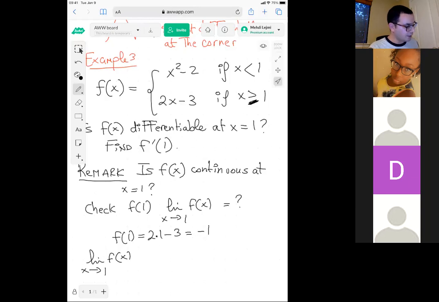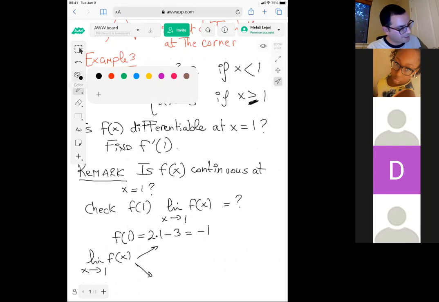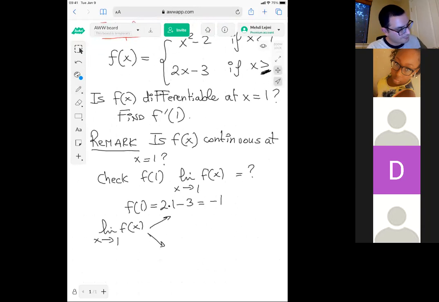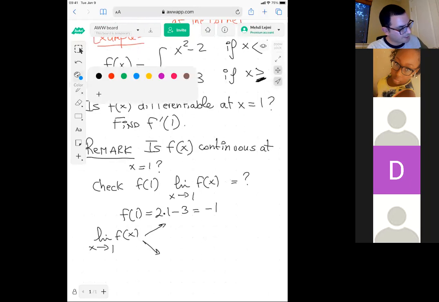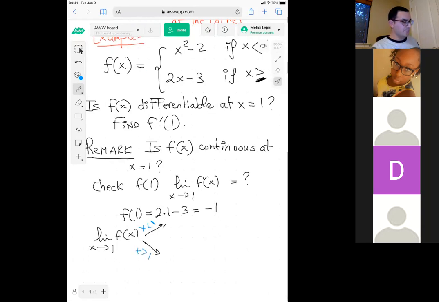So here we're going to have 2 cases: the case when x is less than 1, and the case when x is larger than 1, which is when x is approaching 1 from the right.